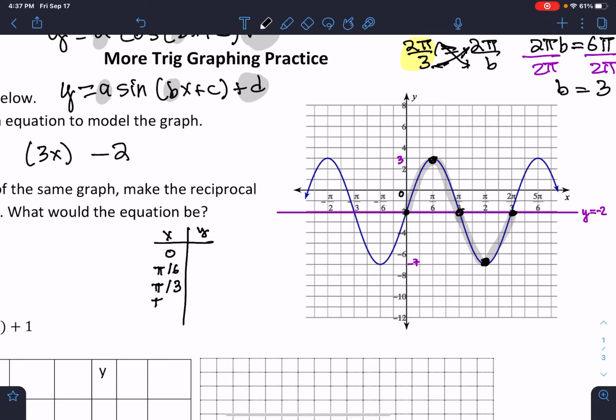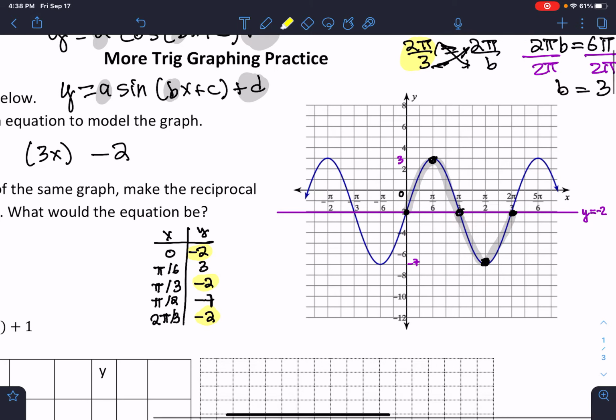So I'm just writing my values here. We have -2, 3, -2, -7, and -2. I want you to notice that -2, -2, -2.